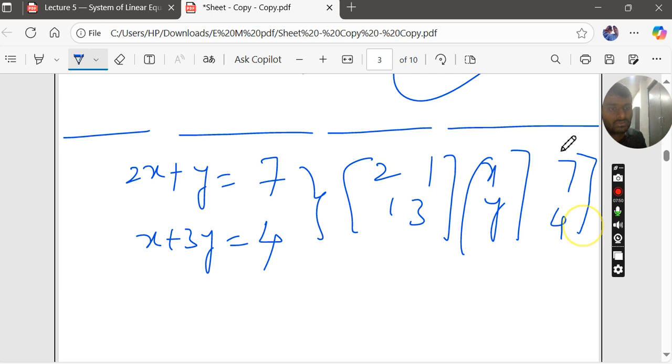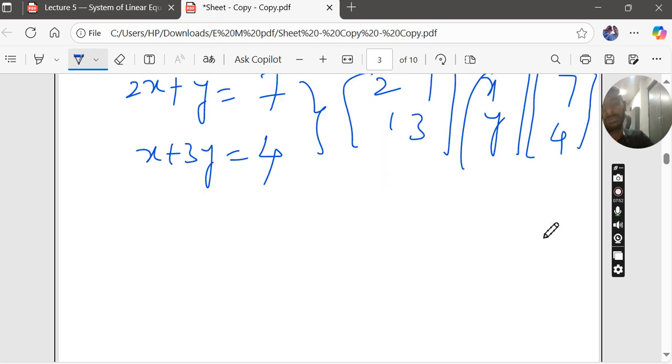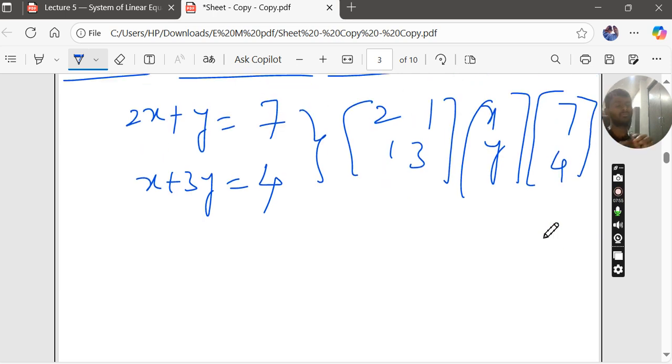So it is nothing but a non-homogeneous system. The first step is to calculate the rank of the matrix A. For a 2 cross 2 matrix you can solve directly by the cross method or by substitution, whatever it is, but I will explain using the rank method.